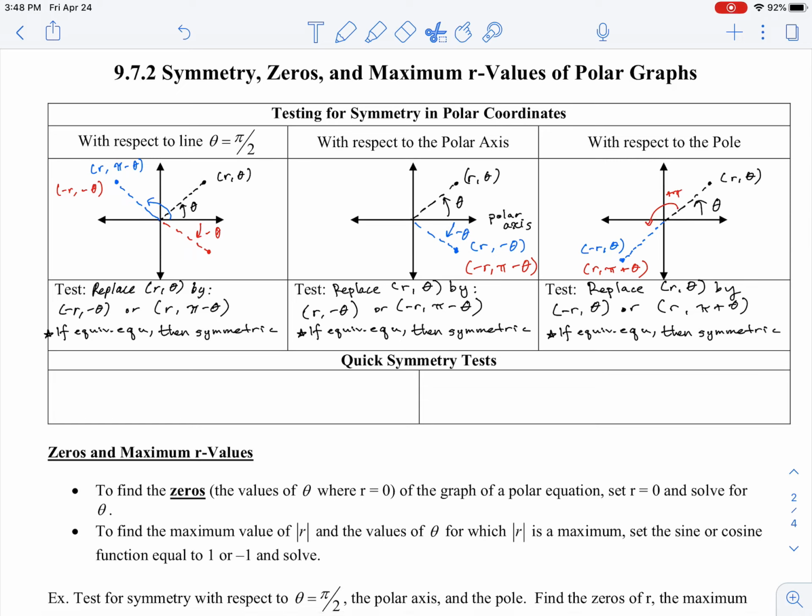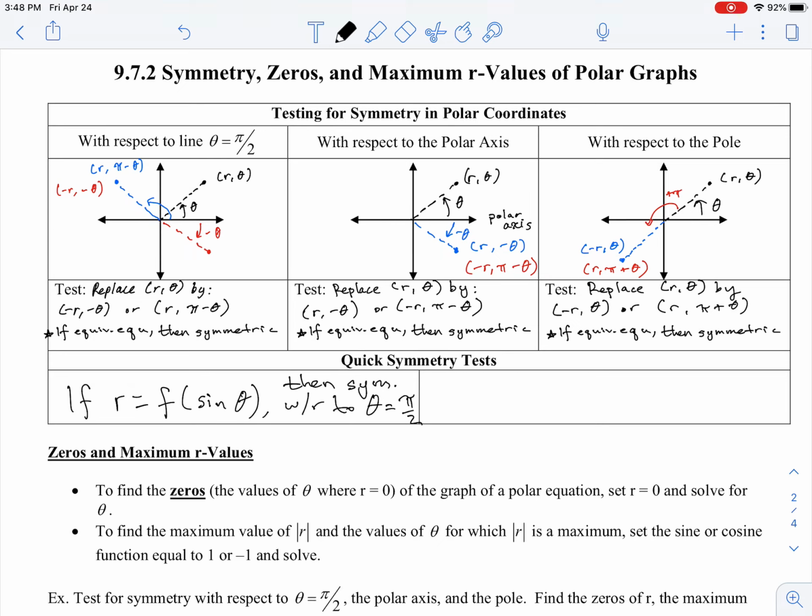The last thing I wanted to mention in this introduction is that there are a couple of quick symmetry tests, things that you don't necessarily have to show the work for. The ones we can state right off the bat are the following. If r is some function of sine theta, then we can say right away that the graph is going to be symmetric with respect to theta equals pi over 2.